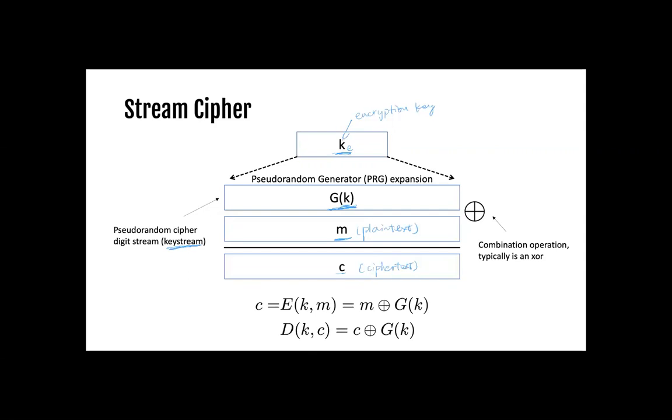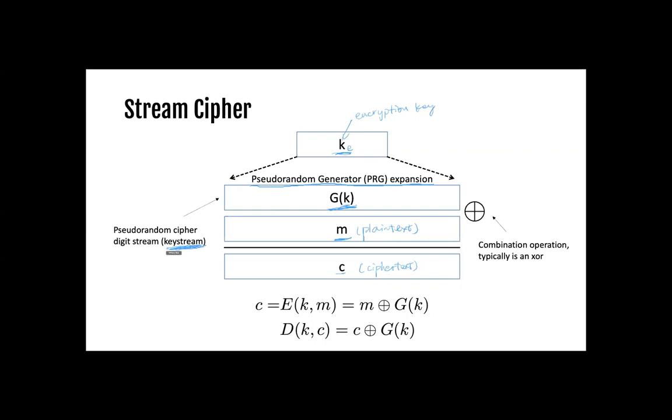It can be as long as you want, depending on the length of the message. And it uses a function called pseudo-random generator expansion. We're not going to talk about what a pseudo-random generator expansion looks like, but I want you to know that using this function, you will be able to get a key string.